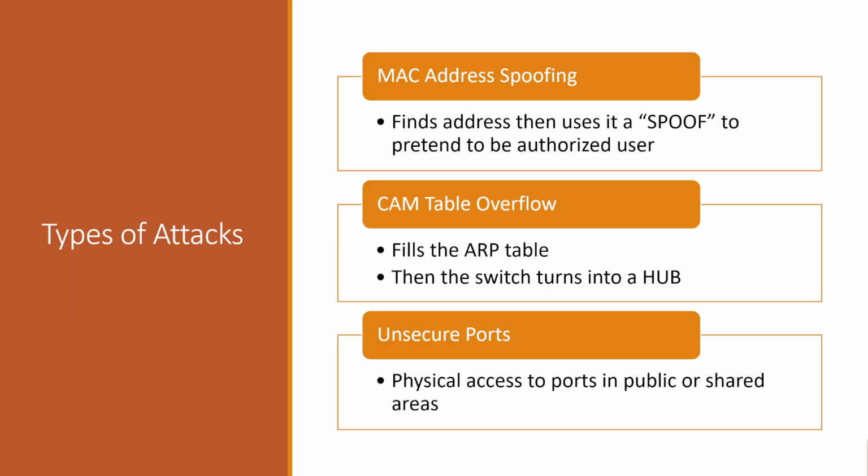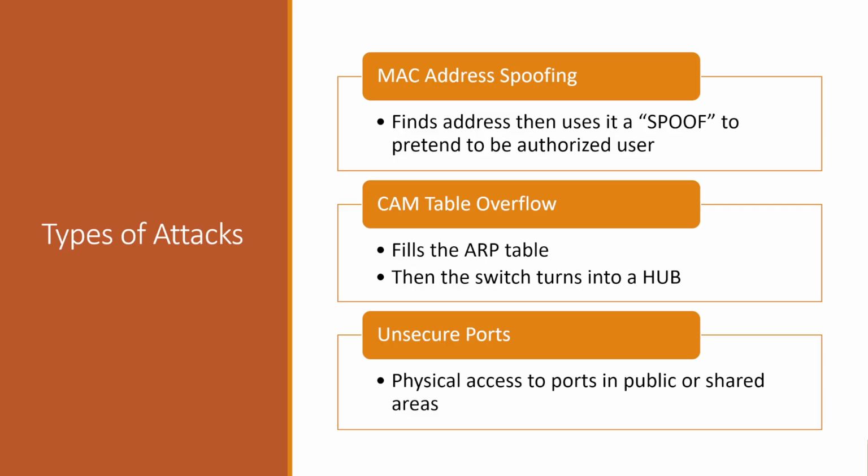There's the CAM table overflow, where an attacker will flood the network switch with fake MAC addresses, causing the switch to fill its table and revert into what we call a hub. So instead of the traffic going from one port to the intended port, now traffic goes out all ports.